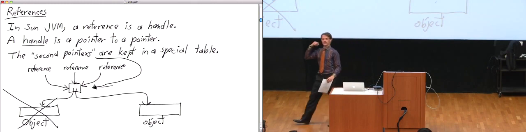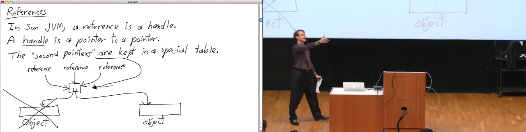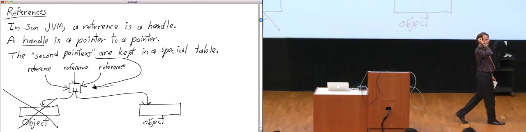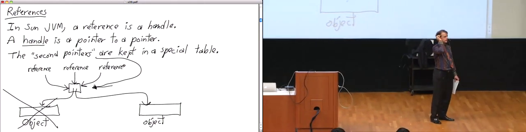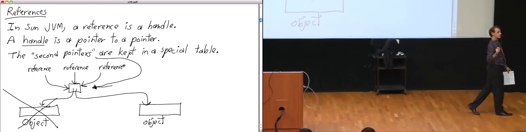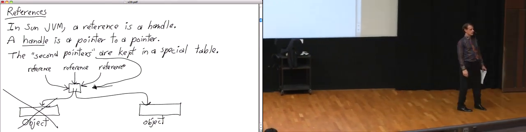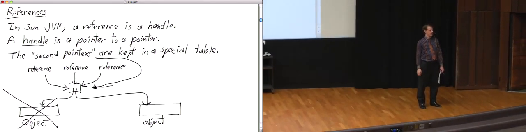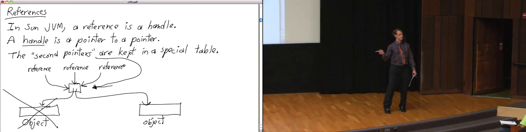Any questions about that? Yeah. Of which second pointers are being used? Yeah, there's several tricks you can use for that. I don't actually know the Sun JVM specifically.